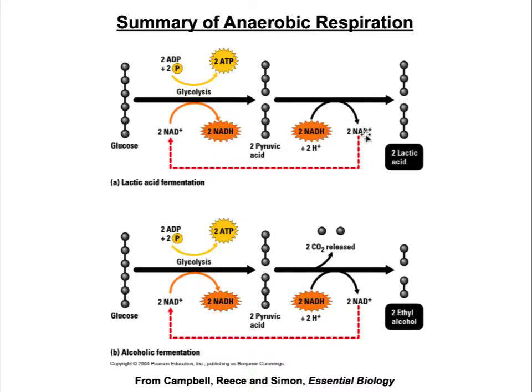So NAD can then recycle itself. If this step is prevented, then all the NAD in the cell will be NADH, and the cycle will come to a standstill. Likewise, if you study this in more detail, you'll see that the same process is taking place down here, except that the alcohol here only has 2 carbons, and the third carbon is lost as carbon dioxide, whereas lactic acid has 3 carbons from the pyruvate.